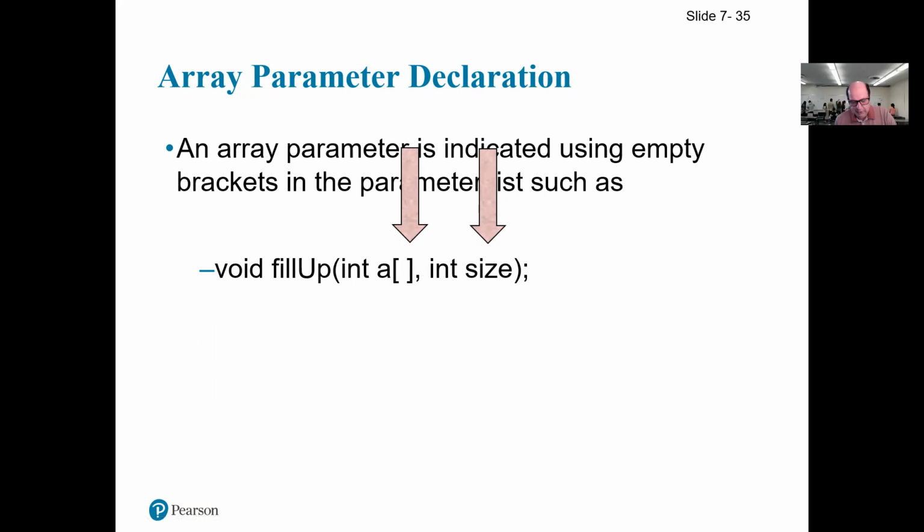we're going to talk more about it. First thing first, when we put it as a parameter, it's going to have brackets, empty brackets. Remember, if I put a number inside of it, I am passing one element. The most common mistake that we have seen is passing it like int a[10].